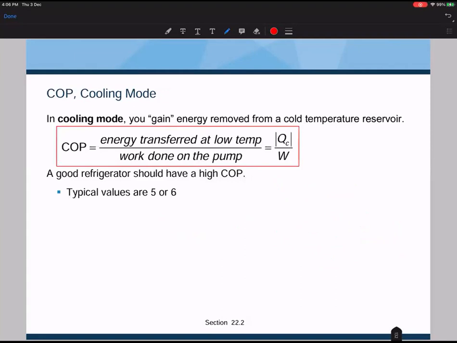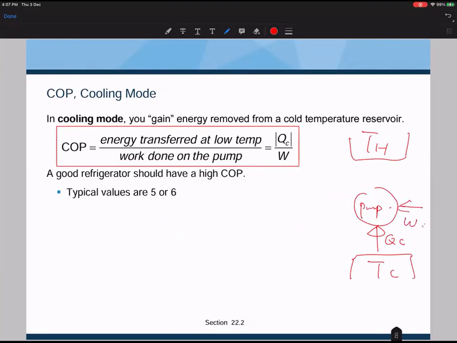The refrigerator, in terms of the function, it is trying to extract heat energy from the cold reservoir, put it into the heat pump with the help of some work.